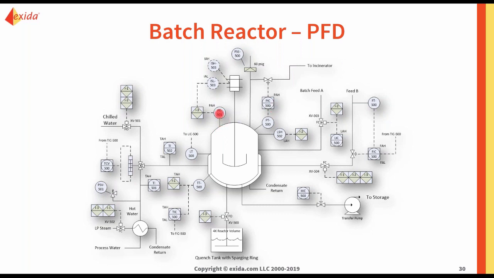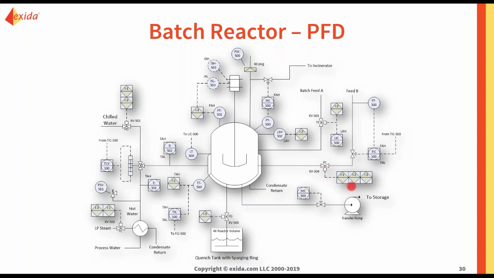If for some reason that fails, this pressure transmitter will basically, it's an instrumented protective function interlock that will do a few things. You're going to open this valve XV500 to dump the reactor contents into a quench tank, which is much bigger, which will effectively relieve the pressure and make sure that the reactor itself does not rupture.